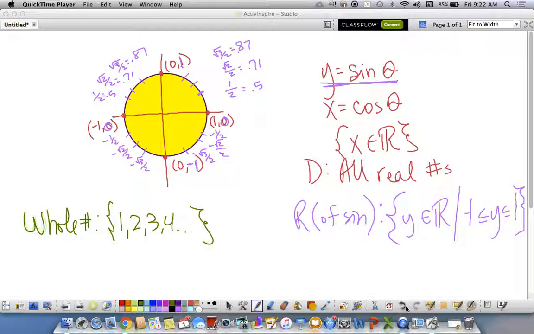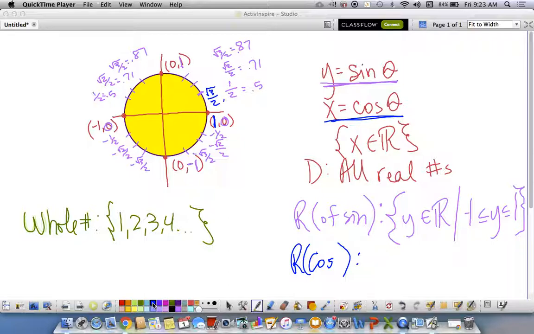What about if I want to know the range of sine? Let's change what color I want, not purple. Of cosine. What is the range of cosine? So what am I looking at? The x's. What are my x's starting at 0? 1. Then we have square root of 3 over 2.